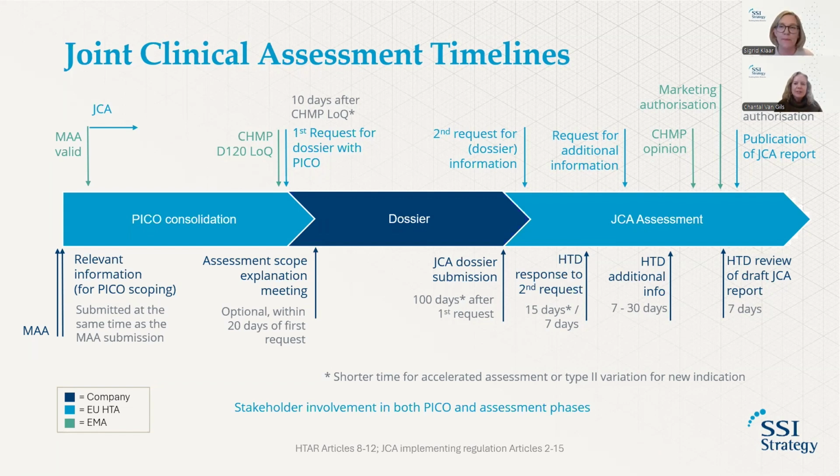But my question for you, Sigrid, is: is there no letter of intent, like with the MAA procedure, that you need to specifically submit for this? Actually, they have done it a bit jointly there, because the EMA letter of intent for the marketing application will now also include a part where you tick a box on whether your product is in scope for the JCA.